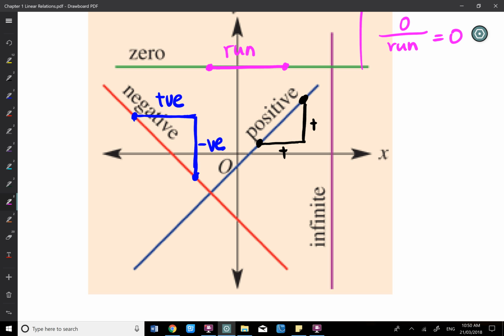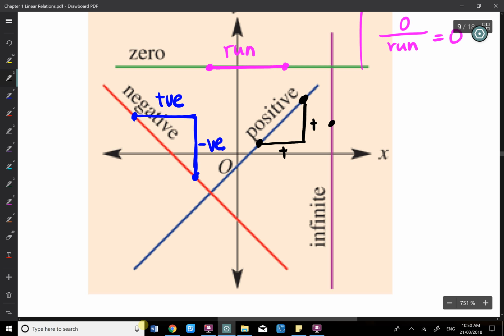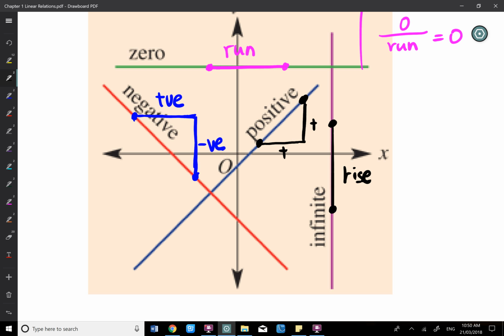And let's look at the vertical one. Let's look at any 2 points. We select a point here, and we select a point here. The vertical change is the rise. What do you think the run is for this one? Is there any x change in those 2 points?